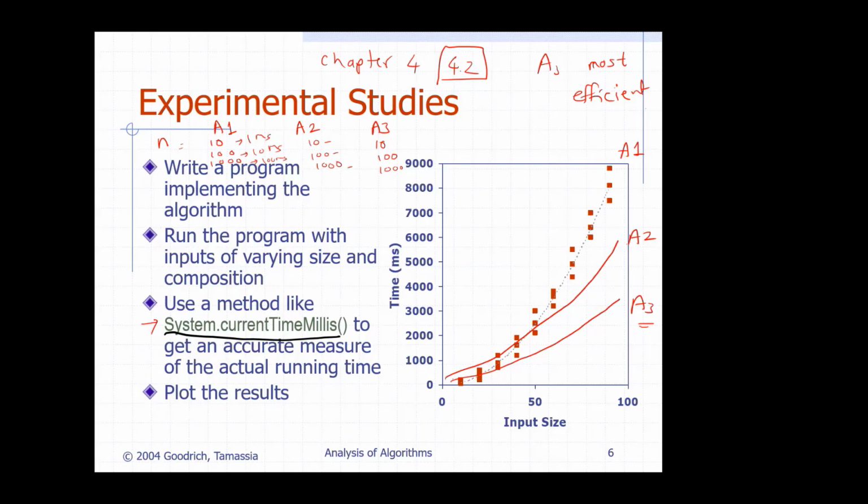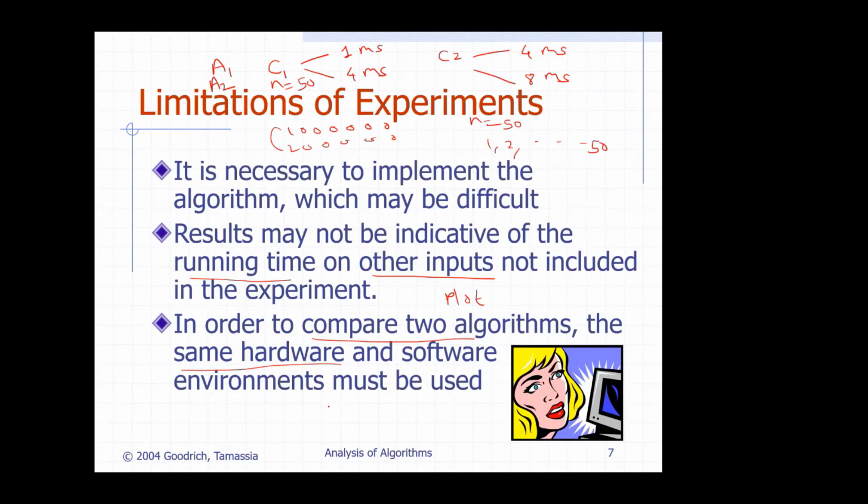So we implement the algorithm and take different input sizes. After that, we can use some function like System.currentTimeMillis, which gives us time in milliseconds for executing each algorithm, and that enables us to plot this. Just as I showed you, this is the input size graph versus the algorithm. Again, in this case, A3 is the most efficient algorithm.